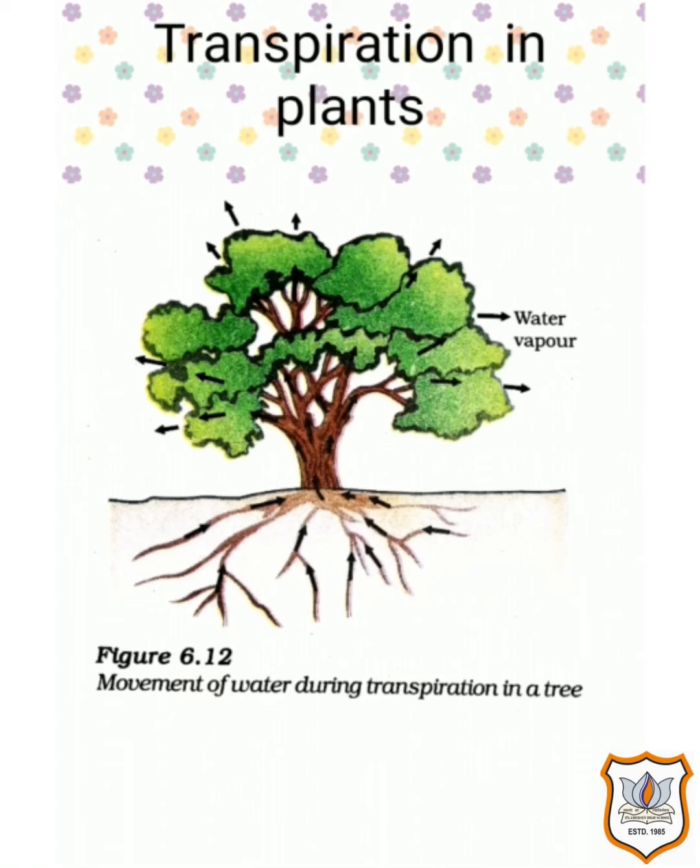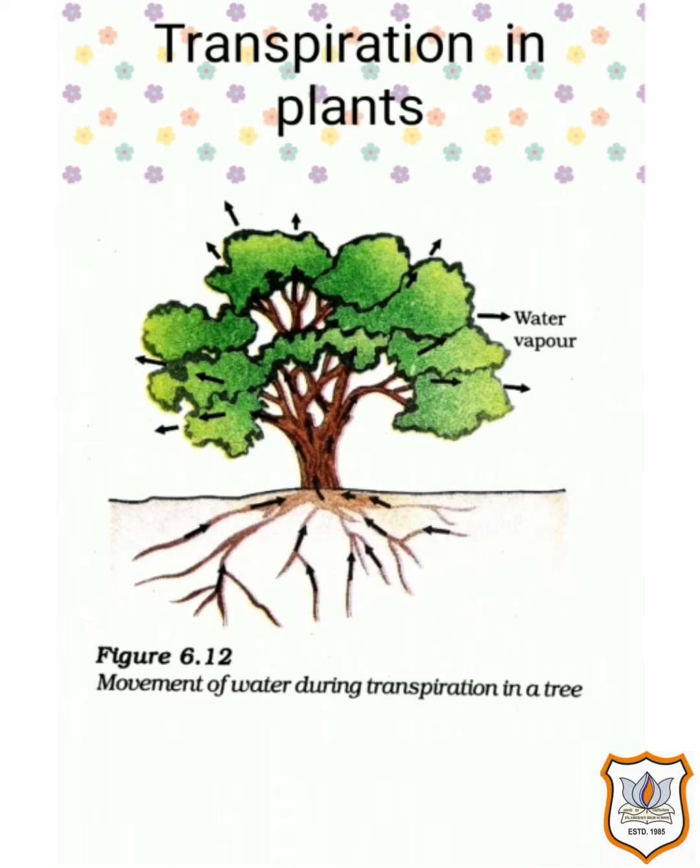The loss of water in the form of vapor from the aerial parts of the plant is known as transpiration. The water which is lost through the stomata is replaced by water from the xylem vessels in the leaf. Evaporation of water molecules from the cells of a leaf creates a suction which pulls water from the xylem cells of the roots.